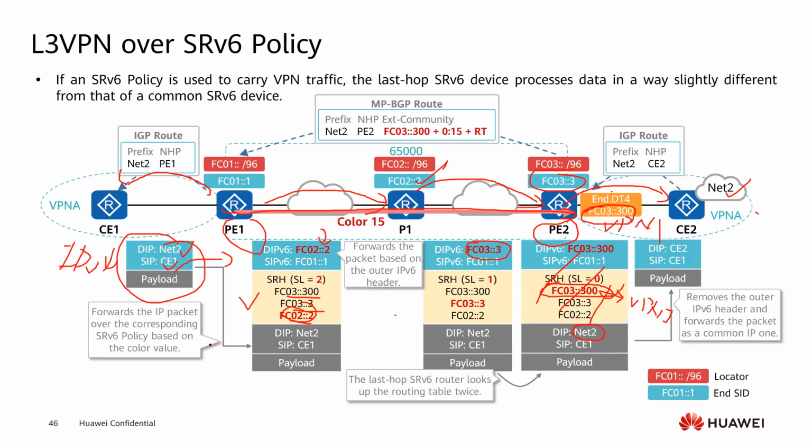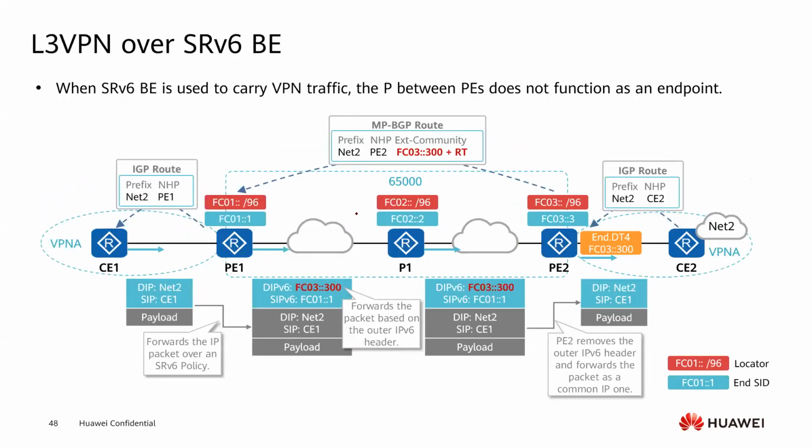Okay. Now let's continue. Another is layer 3 VPN over SRv6 BE. SRv6 BE is a little bit different, because BE does not have a policy. They do not have color, those kinds of concepts. So what are they going to do?